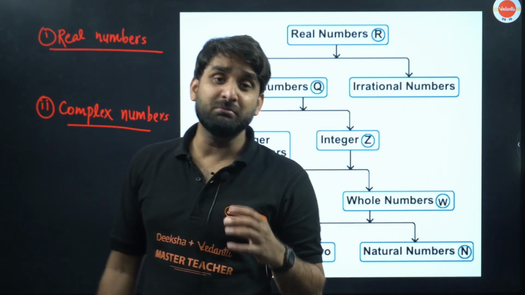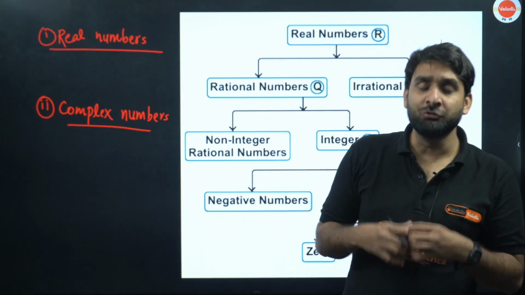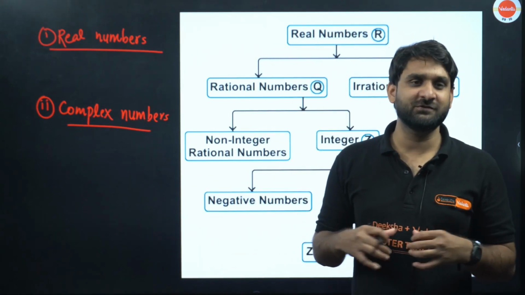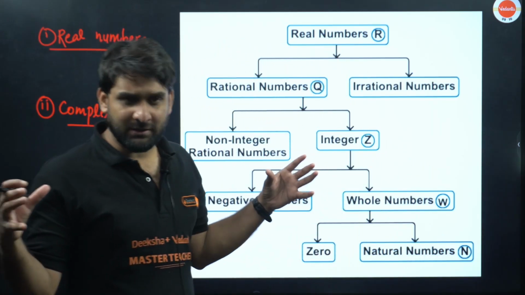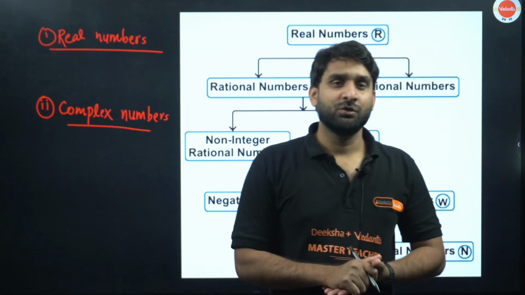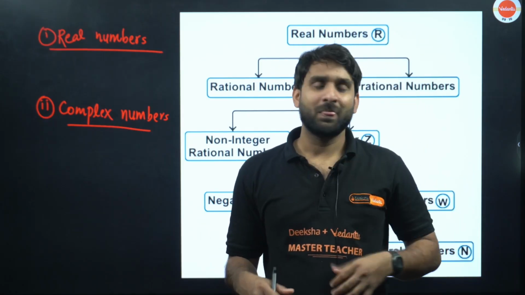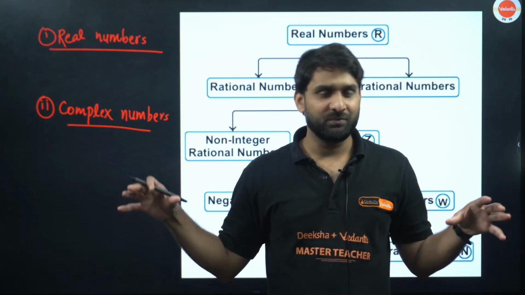Basically, all the numbers whose existence is possible in maths, the numbers which can be represented on the number line, such numbers are called real numbers. So whether the number is rational or irrational, we can represent the number on the number line.